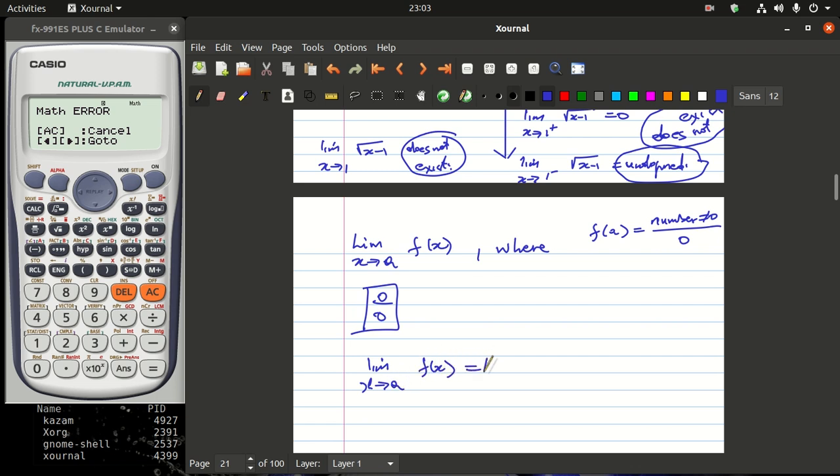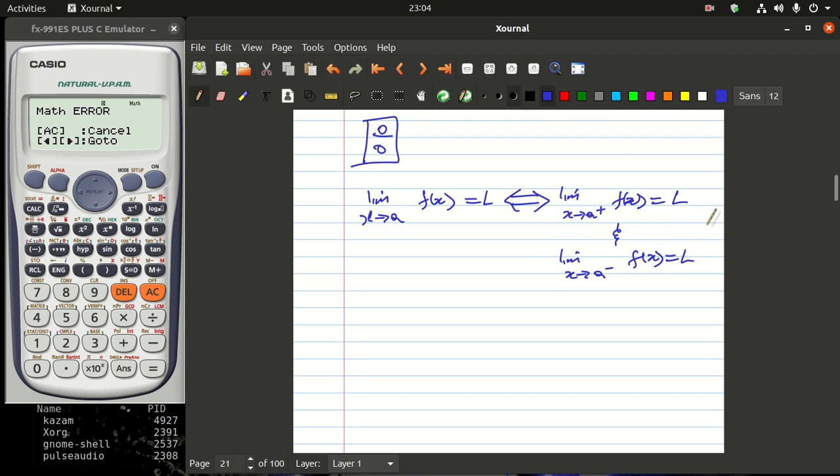We said that this is equal to L if and only if the limit as x approaches a on the right of f of x is equal to L, and the limit as x approaches a on the left of f of x is equal to L. That's what we actually said. But in the next lecture, we will focus on how to evaluate these limits using this understanding of one-sided limits.